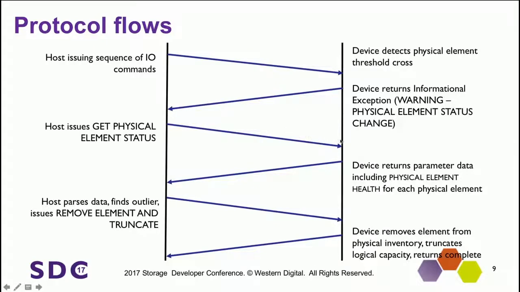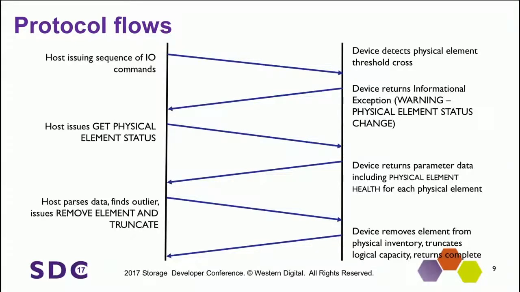So when the device receives the get physical element status command, it builds a parameter data structure which provides, in addition to some other statistics, a physical element health normalized value for each physical element, and returns that to the host. So then once the host receives that data, it'll parse it and look for any outliers.